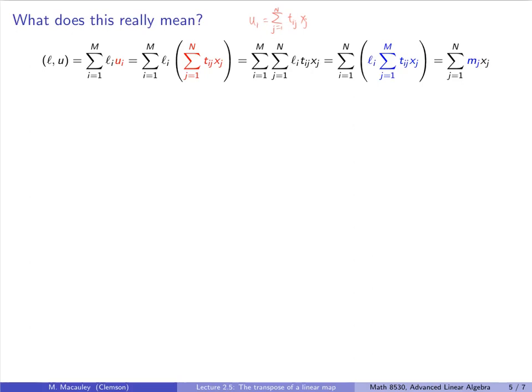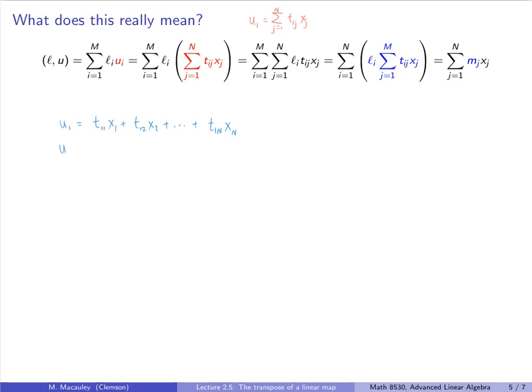So what that really means is that u1 is t11 x1 plus t12 x2 plus ... t1n times xn.